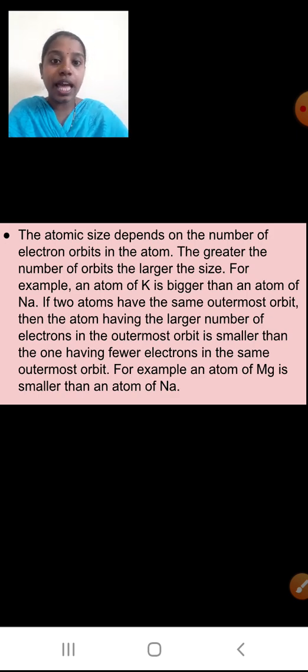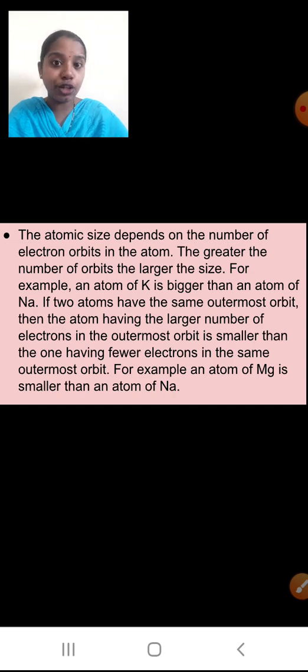For example, an atom of potassium is bigger than an atom of sodium. For sodium, what is the atomic number we take? We draw the number of shells. It is 2, 8 and 1, so 11.